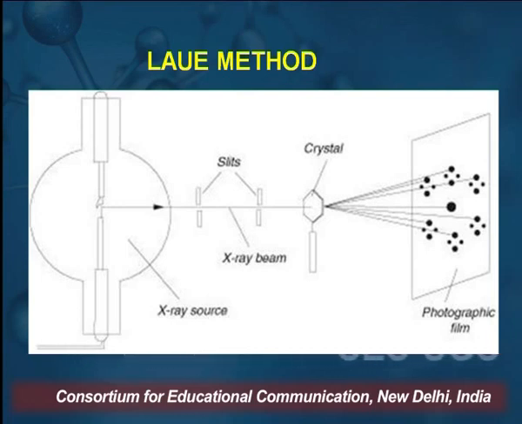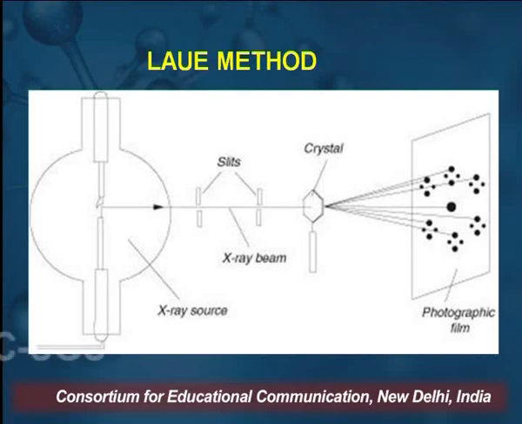In between we have a slit, so that the X-ray beam can pass at a particular angle to the crystal, which is static, which is not moving. Here we have a fixed crystal. After the slit we have a crystal, and after the crystal we have the photographic film on which we can get the output.